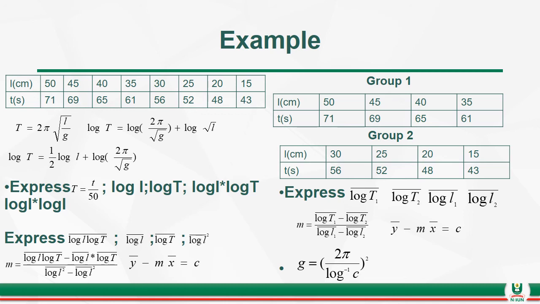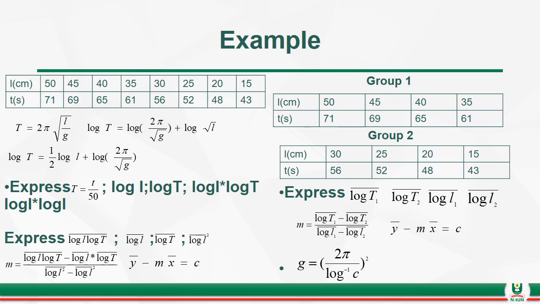And with that, we calculate our acceleration due to gravity, which can be gotten from the intercept. From that, we get g equals 2 pi divided by the antilog of c, all squared. We can do the same thing using method of grouped averages. What we do is split the data into two. We have group 1, we have group 2.